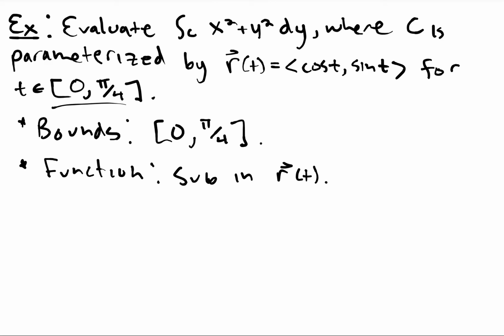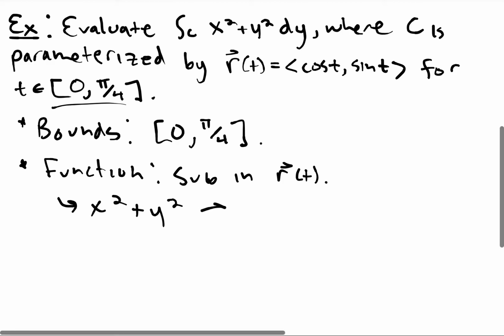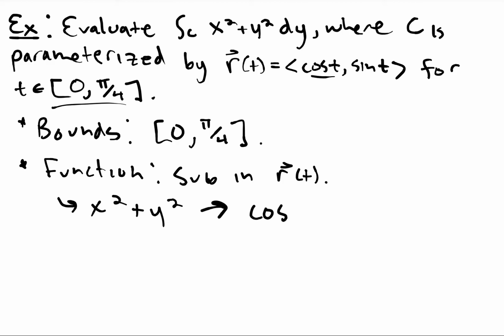What I'm going to get there is that this x squared plus y squared is going to turn into, okay, so I'll put an arrow here. If you sub in cosine of t for the x coordinate, you've got a cosine squared. And if you sub in sine t for the y coordinate, you've got a sine squared.